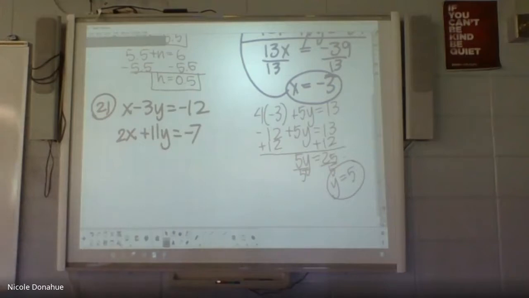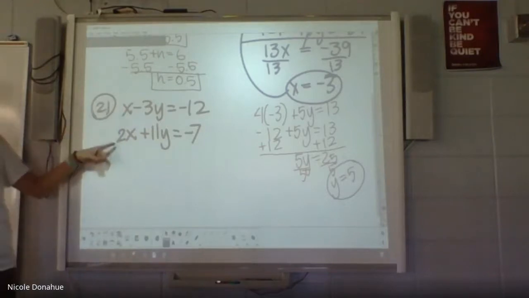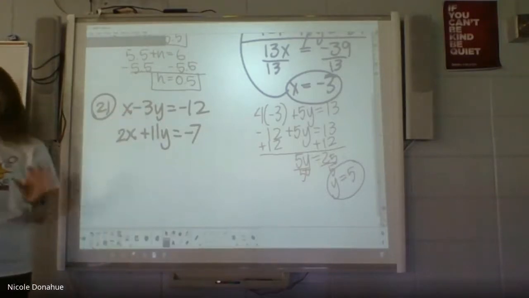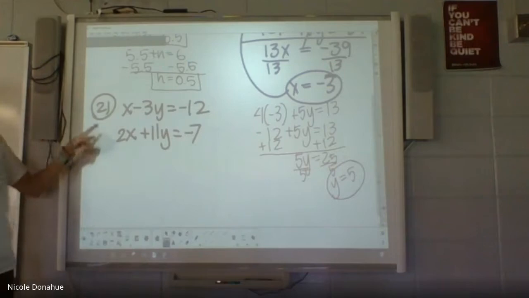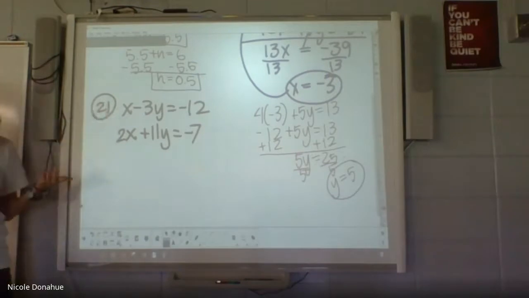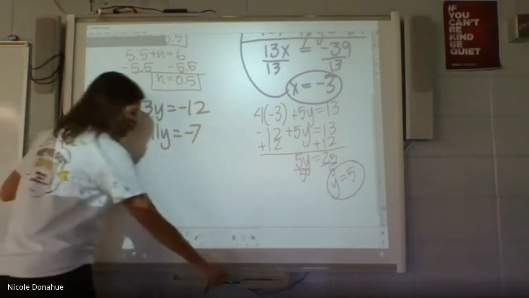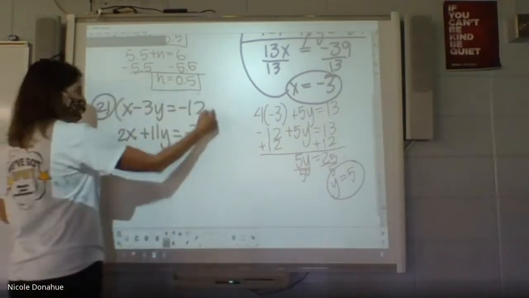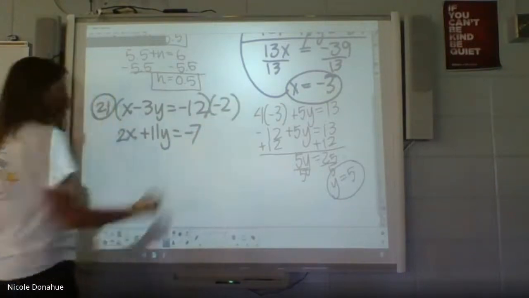Hopefully you guys realize there's something that'd be easier to multiply by in this case to make something cancel. So I look at 1 and 2, or 3 and 11, and avoid the 3 and 11. So this could become what? What would I like this to become here? A negative what? Negative 2.